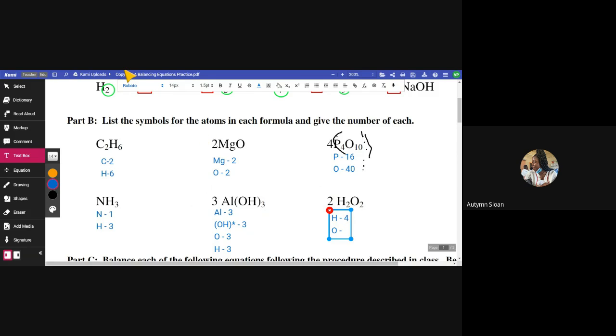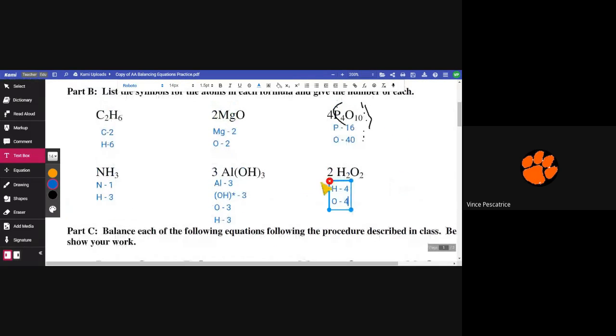Can I do it? Yeah, go ahead. It's 2. Okay. At first it was 2, but remember that there's that 2 in front. Oh, 4. Good. So that was good practice for what we're going to do next.